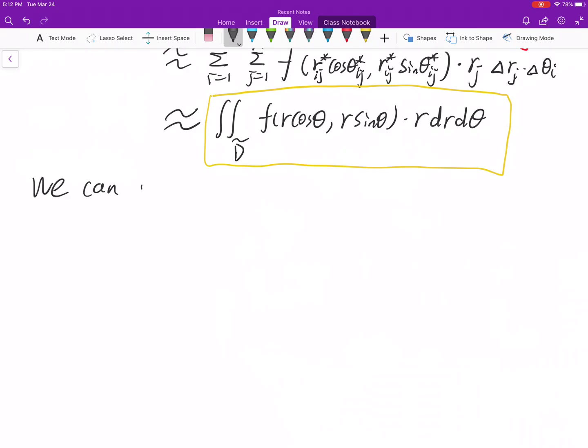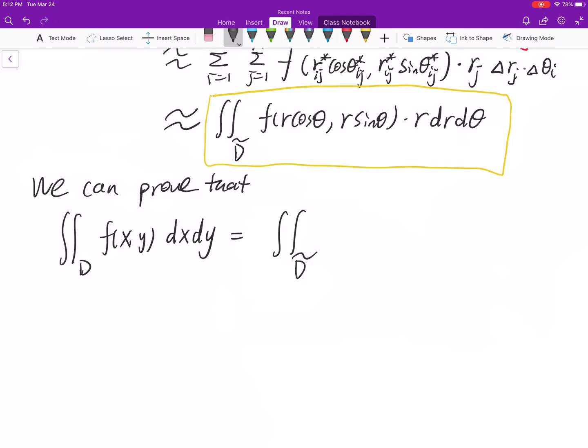So we can prove that the integral in the polar coordinate system equals the integral of f of r cosine theta, r sine theta, times r dr d theta in the corresponding domain in the polar coordinate system.